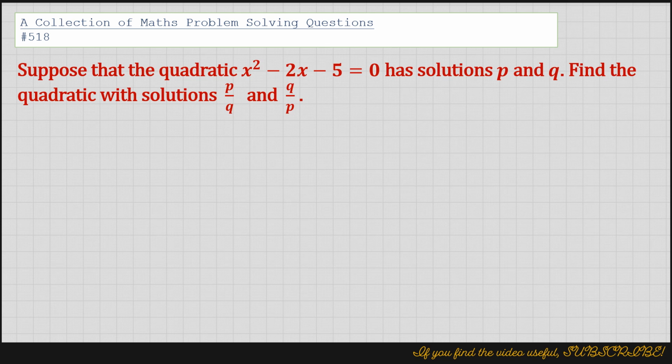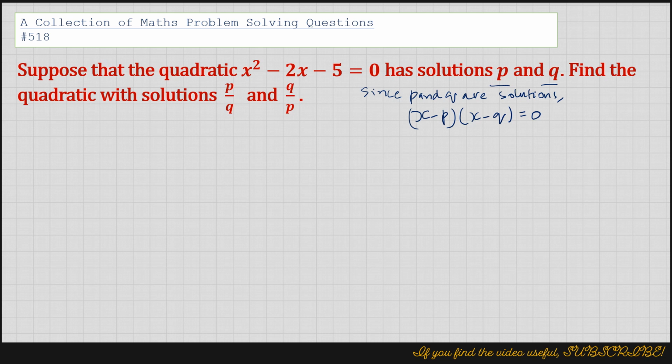Now if p and q are the solutions of a quadratic, since p and q are solutions, we can write x minus p multiplied by x minus q equals 0.